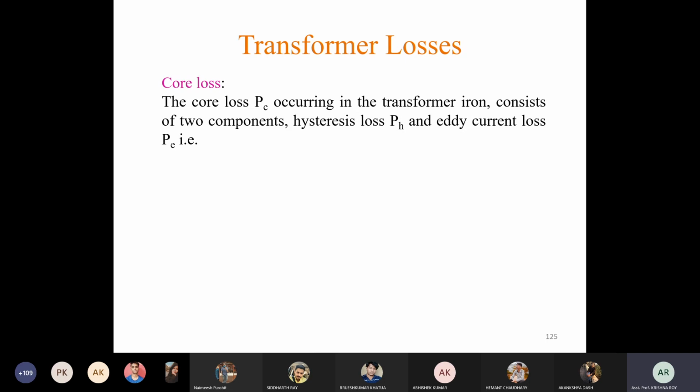One is eddy current loss, another is hysteresis loss. So PC is the core loss of the transformer, with hysteresis loss PH and eddy current loss PE. So PC equals PH plus PE.